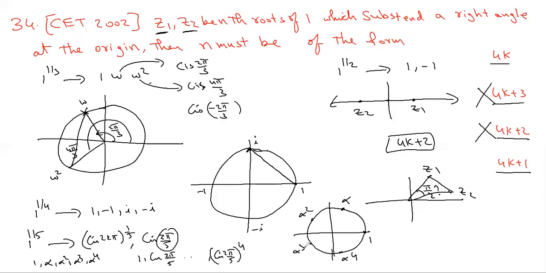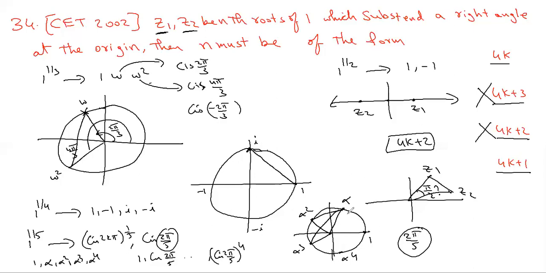And if you see, you take any 2 points, they won't make a right angle at the origin, because the angle made by the line joining any 2 points will be a multiple of 72, a multiple of 2 pi by 5. If you take the angle made by alpha and alpha square at the origin, that will be 2 pi by 5. The angle made by alpha and alpha cube at the origin will be 2 times 2 pi by 5.